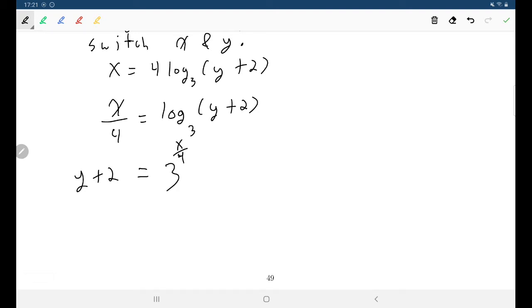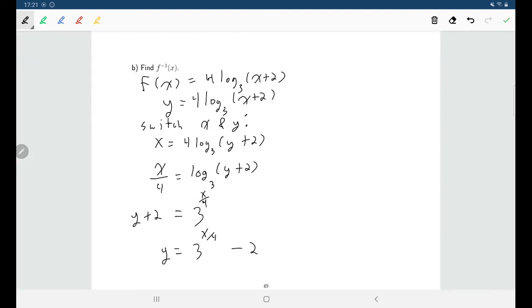So now I've got y plus 2 is equal to 3 to the power of x over 4, or y is equal to 3 to the power of x over 4 minus 2. And there we go. This should be my inverse function. So I can say f inverse should be 3 to the power of x over 4 minus 2.